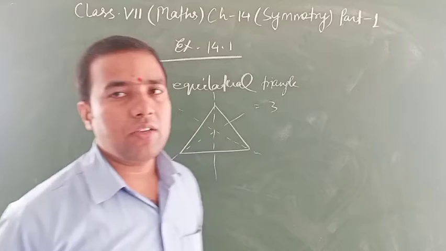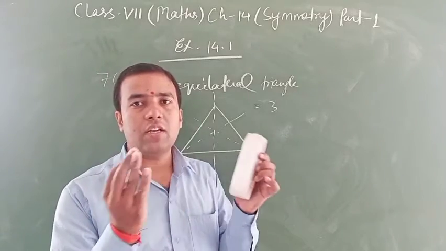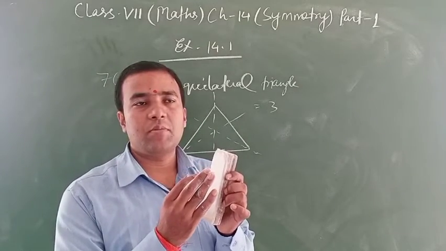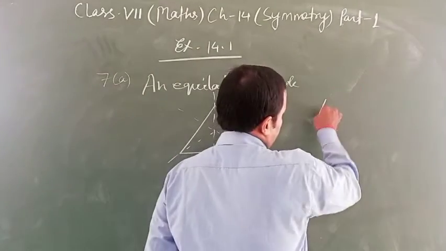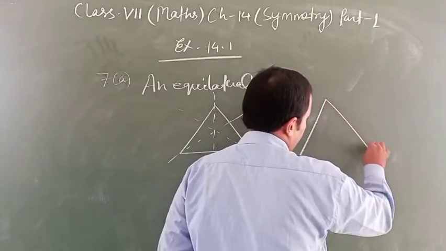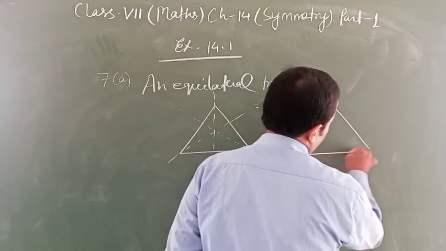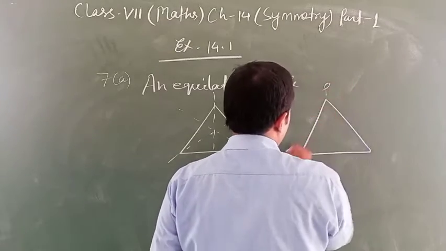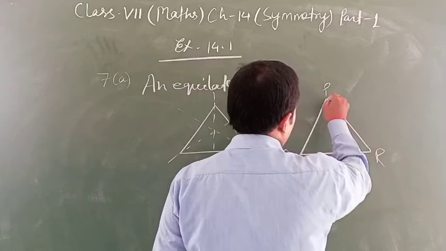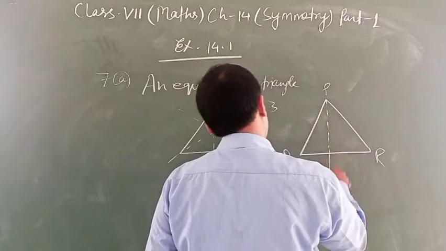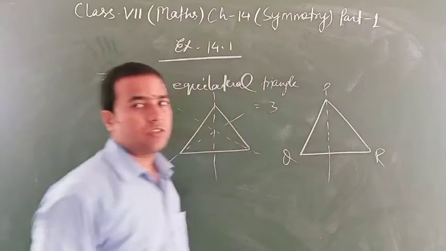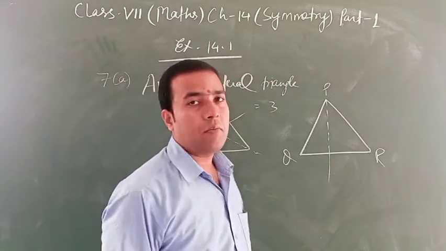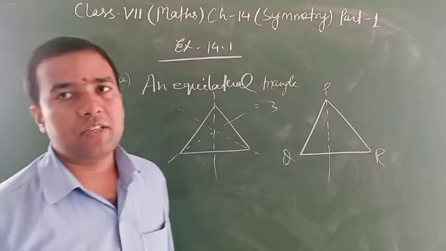Clear? If you fold an isosceles triangle after making the line of symmetry, the two parts will be joined. It is an isosceles triangle PQR. If we make 1 line of symmetry here, we can fold it. If we make 1 more line, that is not a line of symmetry. Clear?